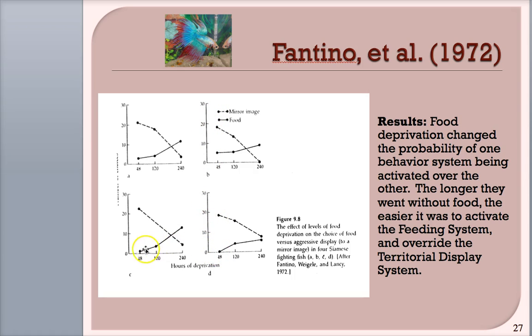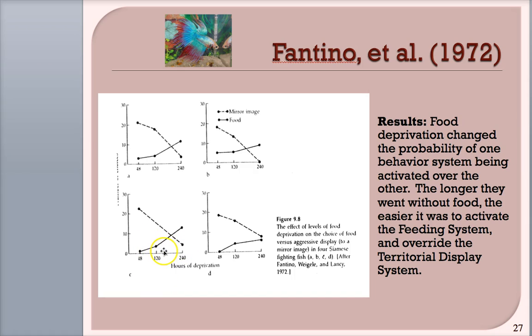As the number of hours increases, we get out to 120 hours, 6 days out, and the rate at which they are looking in the mirror has come down. The two are more similar to each other.